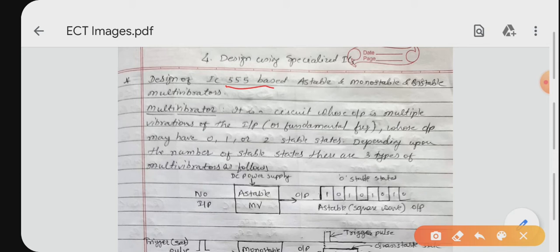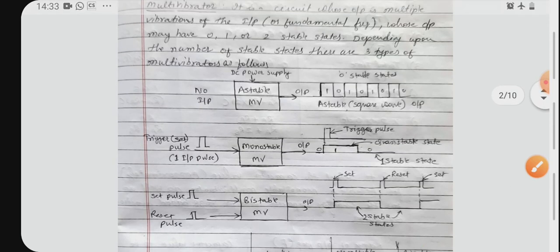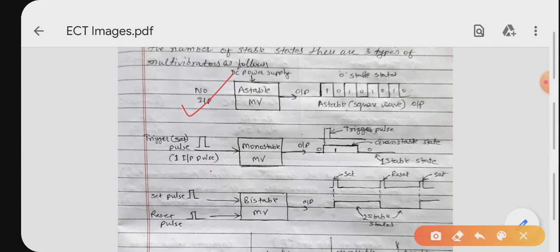Depending on the number of stable states, there are three types of multivibrators: astable, monostable and bistable multivibrator. Here you can see the three blocks.